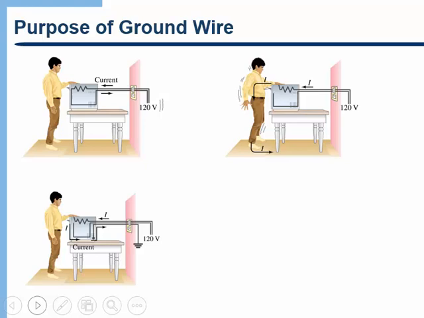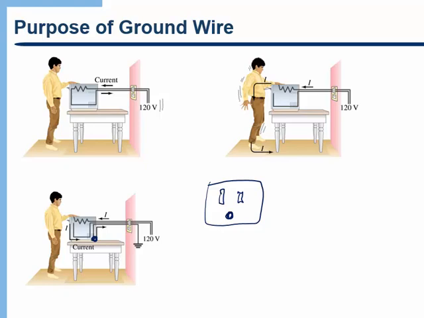What the third prong in the outlet is for is a separate connection back to ground, back to the neutral wire. And inside your appliance, if you take apart an appliance, you'll find that that third prong wire is always connected directly to the metal case.